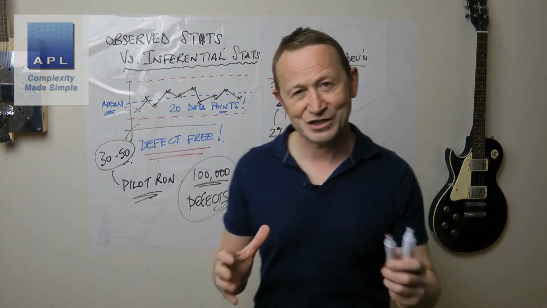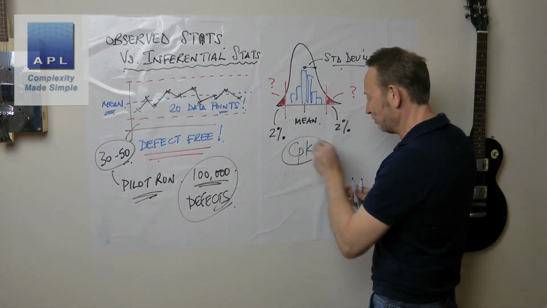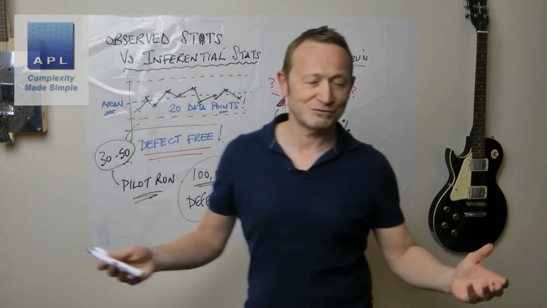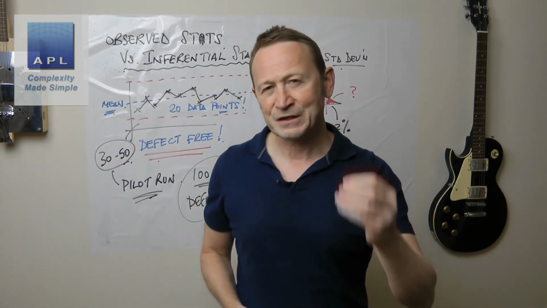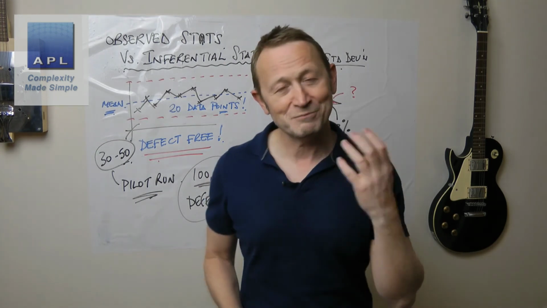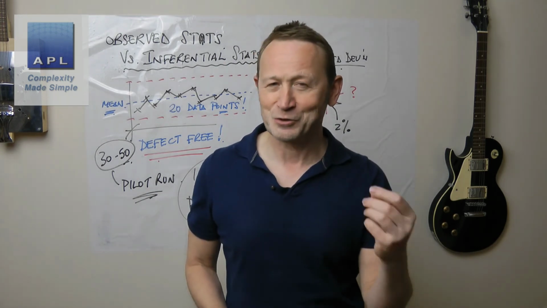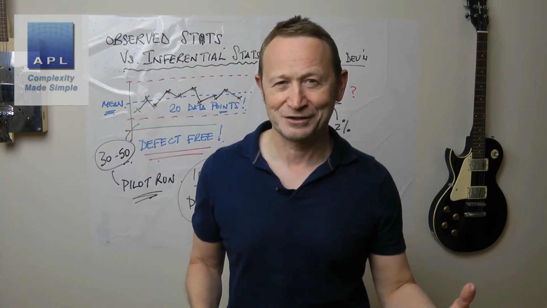Use the mean, the standard deviation, and of course what this really is, it crops up in CPK calculations. So CPK calculations are using inferential statistics. Use inferential statistics and you will make better business decisions, and you will make piles and piles of cash.